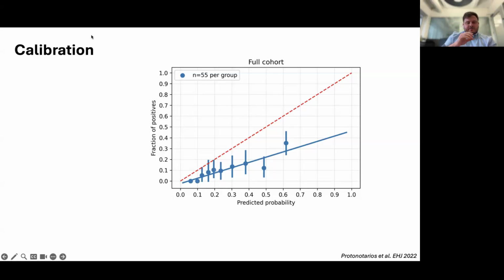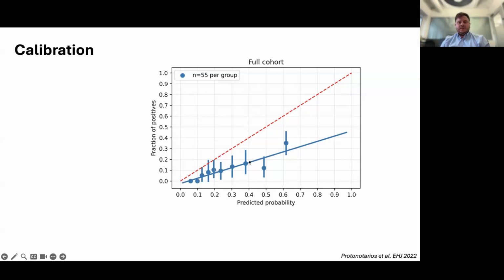And then we have calculated what is the predicted probability in these patients, and we have also calculated the event rate in those groups. So we're trying to see in each group how much we predicted, how much we actually saw. And you should expect that a perfectly calibrated model falls on this red line here.